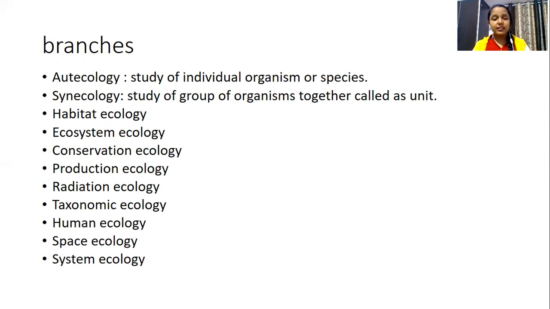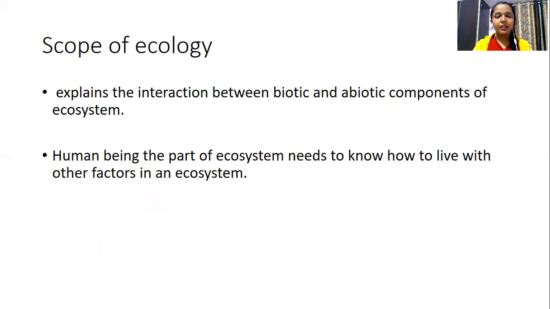These days there are wide studies, like people going to Mars and studying the ecology and environment over there, whether it is helpful for human habitation. That is what we call space ecology. Next, system ecology, which includes the various systems in the environment.